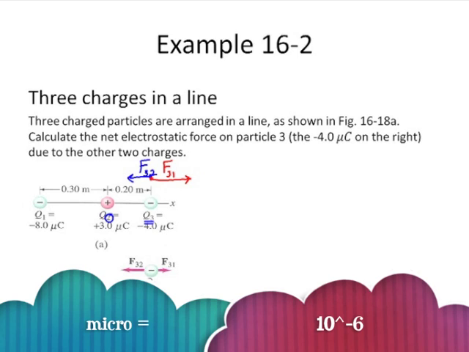The first one, let's take a look at the force on 3 by 2. That's equal to the k constant, so I know that's 9 times 10 to the 9.